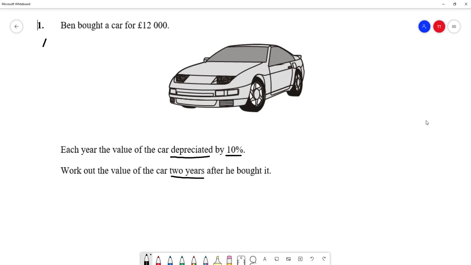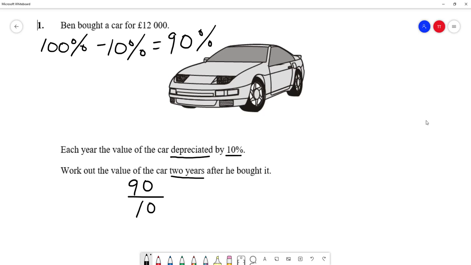So now we're going to do 100% minus the depreciation rate, which is 10%, which gives me 90%. So we can write it as 90 over 100. How many years are we talking about? We're talking about 2 years, so it's the power of 2 times by the initial investment, which is 12,000.